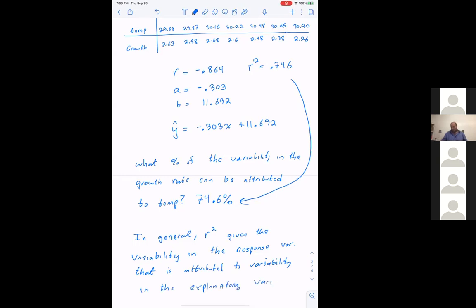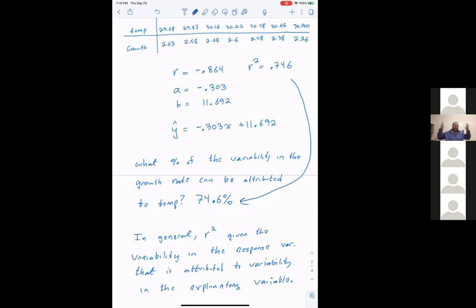So a good correlation, a strong correlation, means a big R squared value. They're strongly correlated means most of the variability is attributed to this.